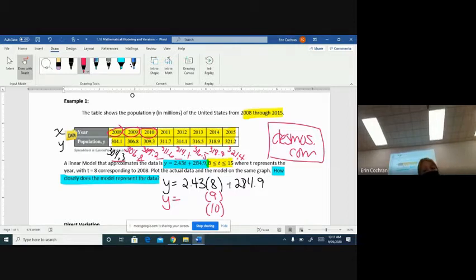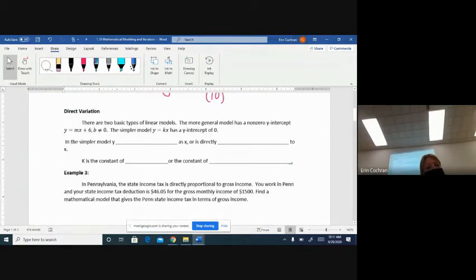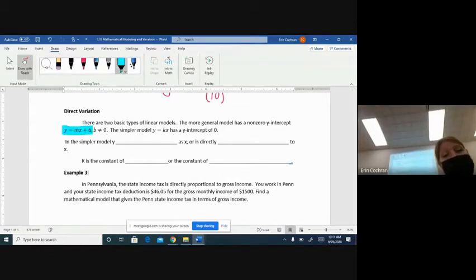Okay. All righty, let's move on. Direct variation now. Okay, there are two basic types of linear models. The first one we kind of already looked at was y equals mx plus b. Okay, that is your slope-intercept form.